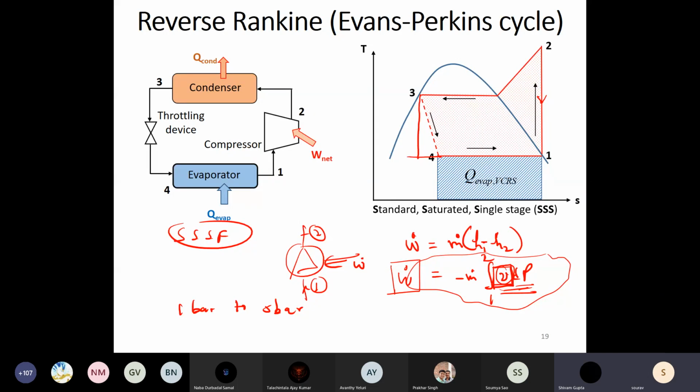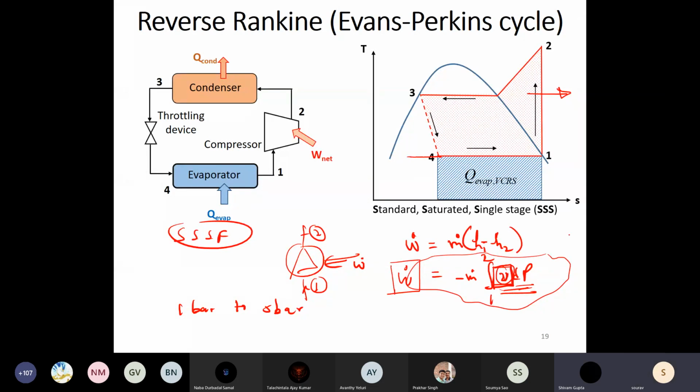Whereas you place all your compression or pumping on the left hand side in a power cycle, because you want to incur less pumping or compression work. So you give very little, but you gain a lot, and hence the net is what you gain from a power cycle. We would want to place our expansion processes as far as possible on the right hand side to gain a lot of work based on this V. This is for a power cycle.